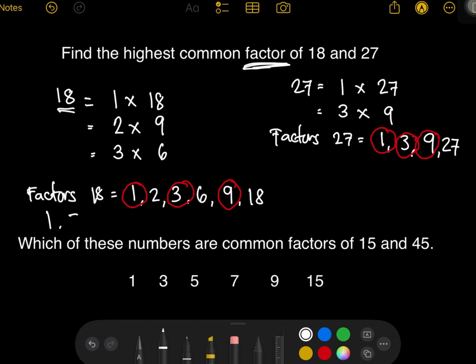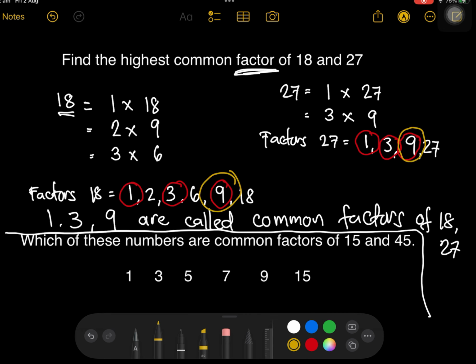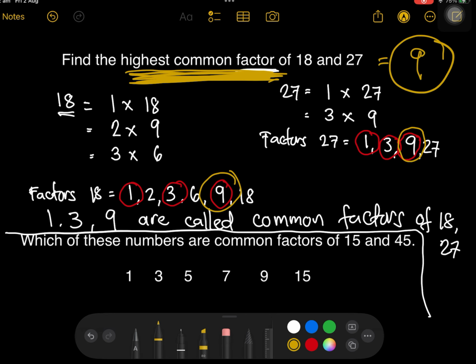Therefore, 1, 3, and 9 are called the common factors of 18 and 27. And 9 is the highest factor. So the highest common factor of 18 and 27 is equal to 9.